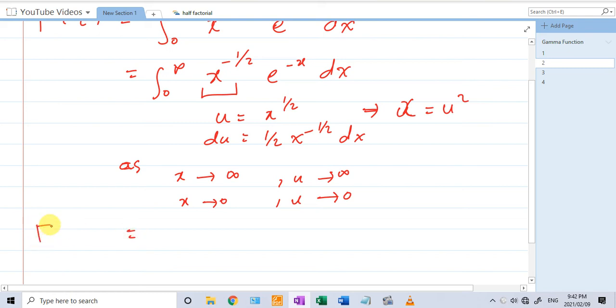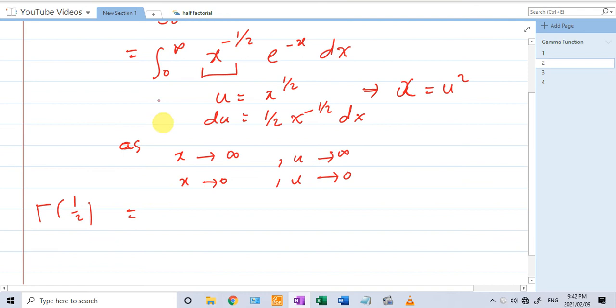So gamma half now becomes the integral from 0 to infinity, where x to the power minus half dx cancels out and is just 2 du from this equation. So 2 du, and e to the power minus x. This minus x is u squared, so e to the power minus u squared du.